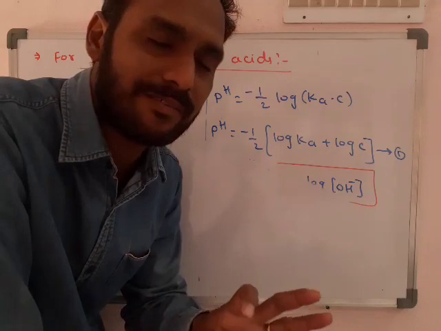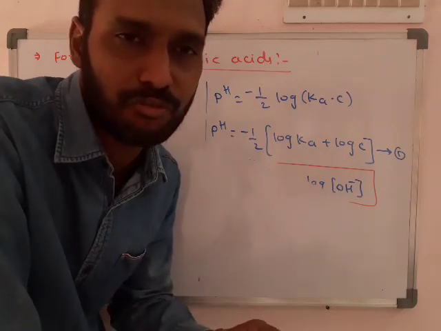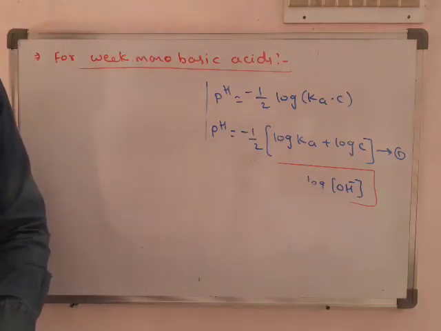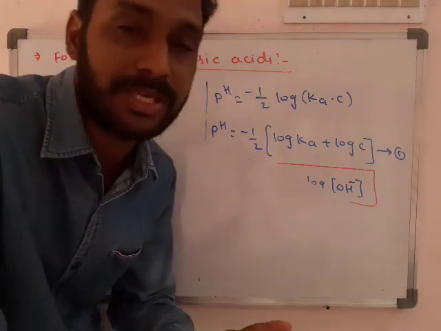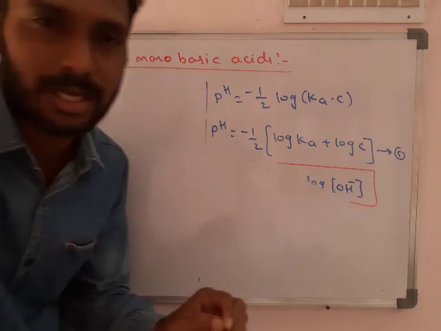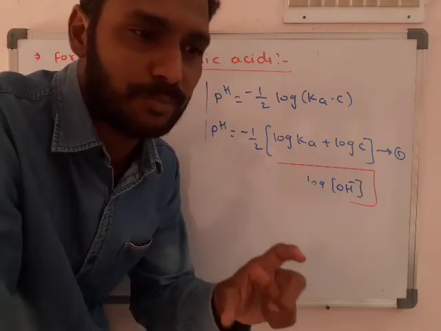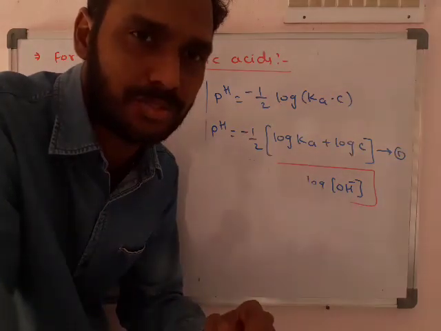But nowadays we have pH meters, with which we can know the pH of solutions within a fraction of a minute. pH papers show different colors at different pH values, and based on the color we can find the pH, and from the pH value we can find the character of the solution.